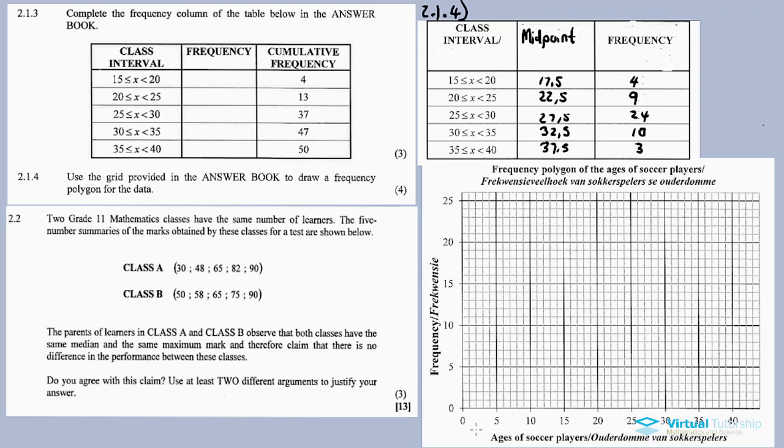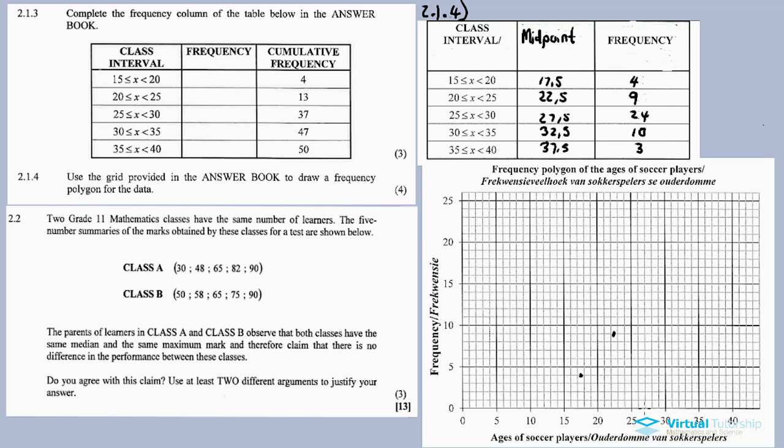So plot the midpoints on the x-axis, and on the y-axis it will be the frequency. So let's look for 17.5, 15, 16, 17.5, and 4. And then let's go for 22.5: 21, 22.5, and 9.